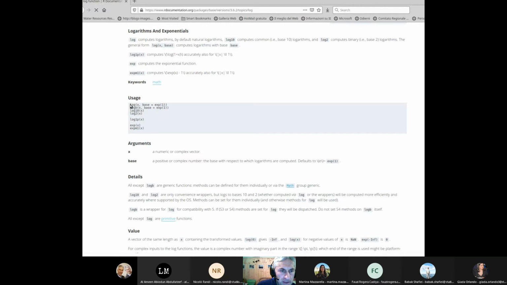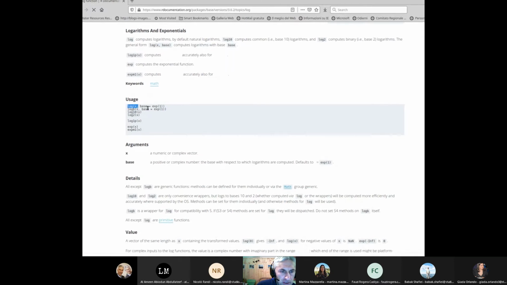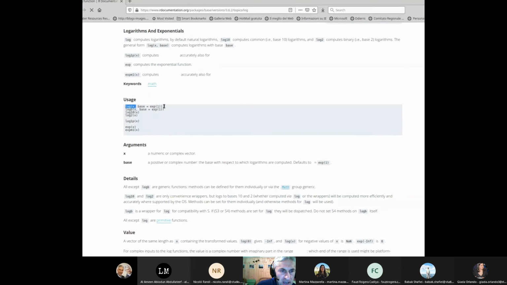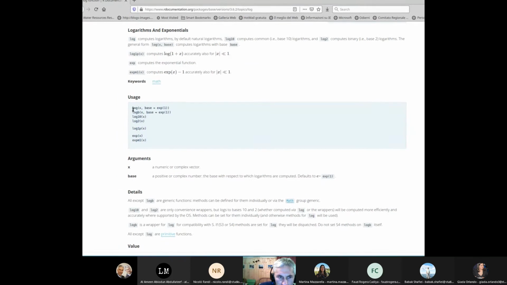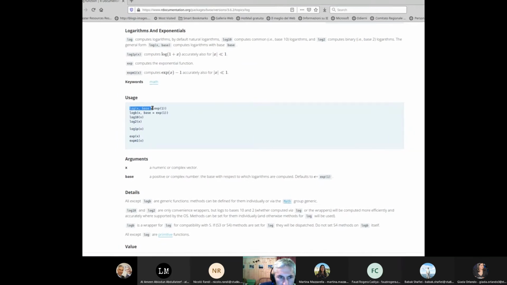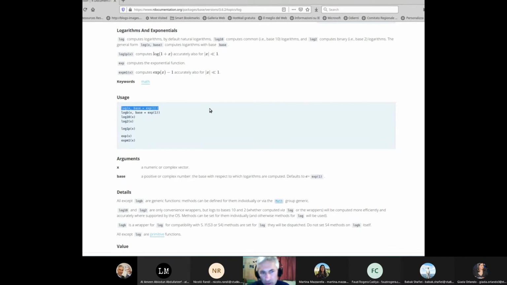Log usage, log x, base. There is a second argument. This is good to know. I didn't know this. So there is a second argument, which is the base. Good. Now, let me go back to R and try, okay?